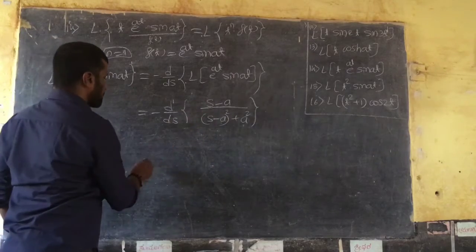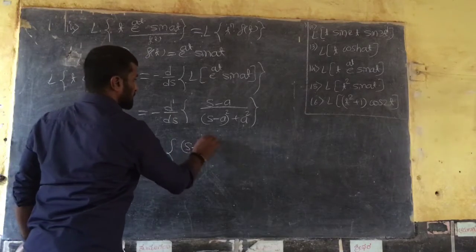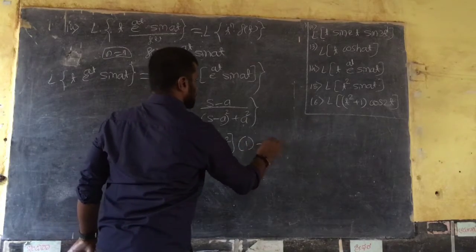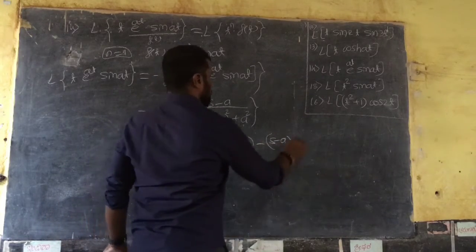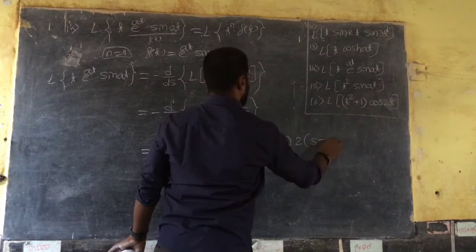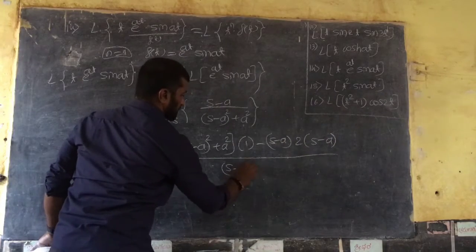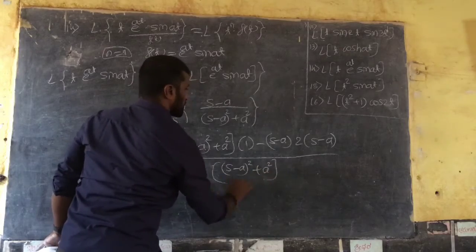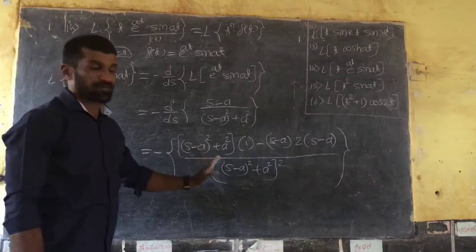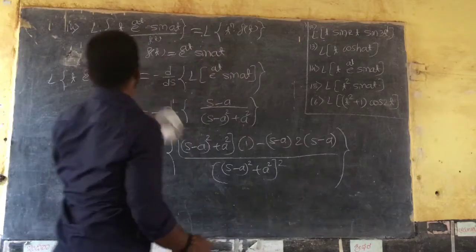So apply the u by v form: minus of s minus a whole square plus a square into 1, minus s minus a, differentiate this: 2 times s minus a into 1, divided by s minus a whole square plus a square, whole square. Simplify yourself; that is the answer. So the 14th one is completed.